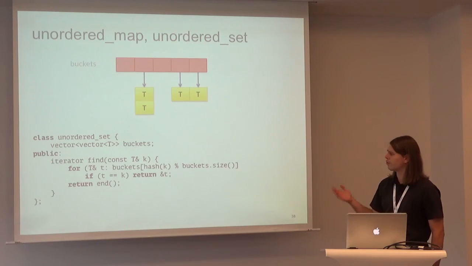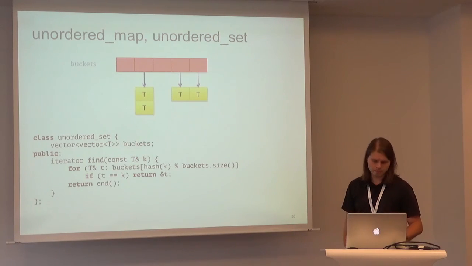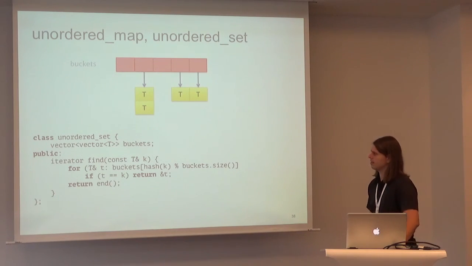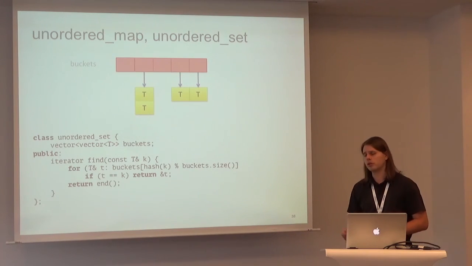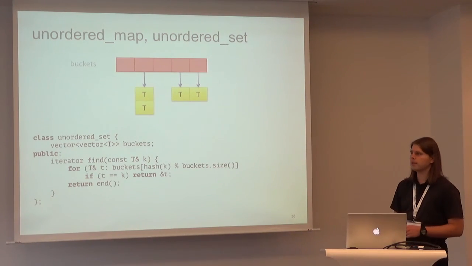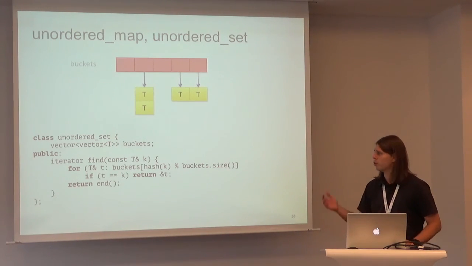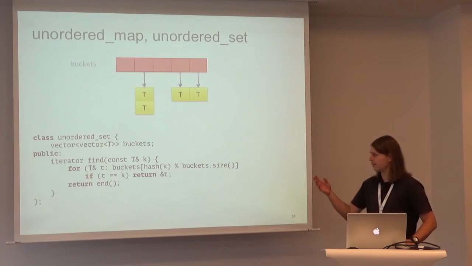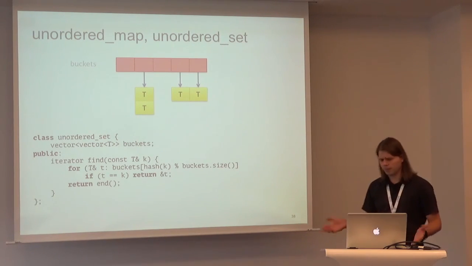We traverse the bucket to find out where our element is, and we return it. But this approach has its downsides. First, storing that many vectors introduces lots of additional overhead. Second, traversing elements from the beginning to the end of the whole unordered set can be tricky, since you have to track iterators to the outermost vector, to the innermost vector, that kind of thing.